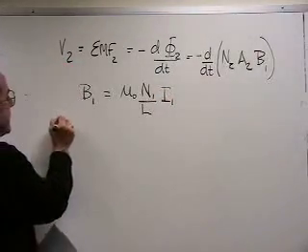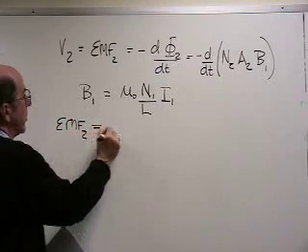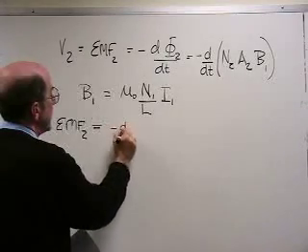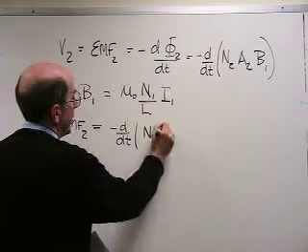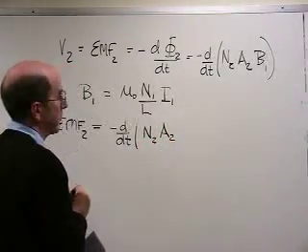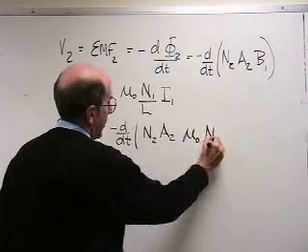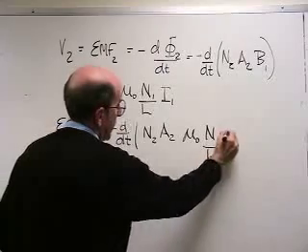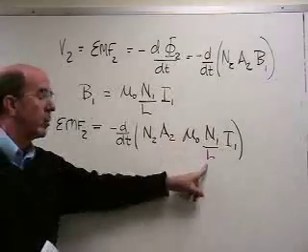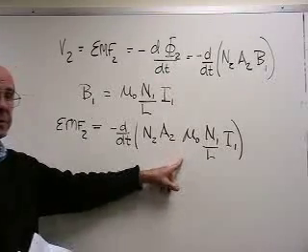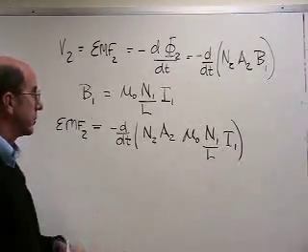And so we get that the EMF induced in the second coil is equal to minus d dt of N2 A2 times mu 0 N1 over L times I1. All right, so these are all geometry terms, right? They're not going to change. They just depend upon how the coils were put together. And this I1 is the only thing that's going to be changing in time.